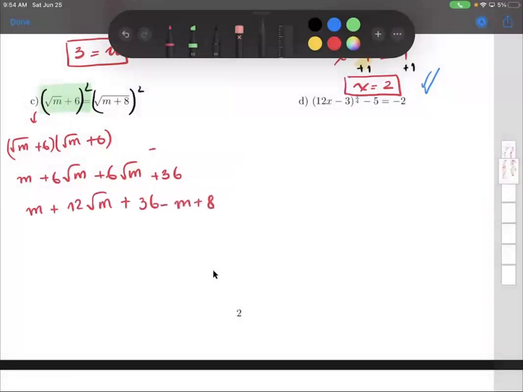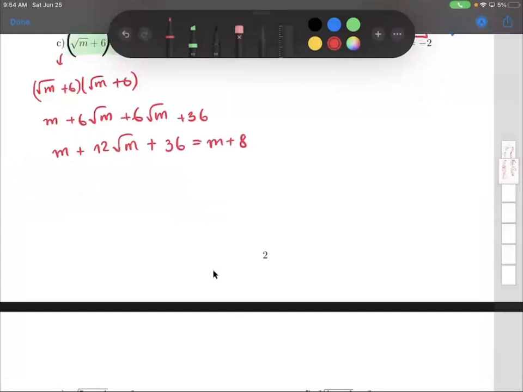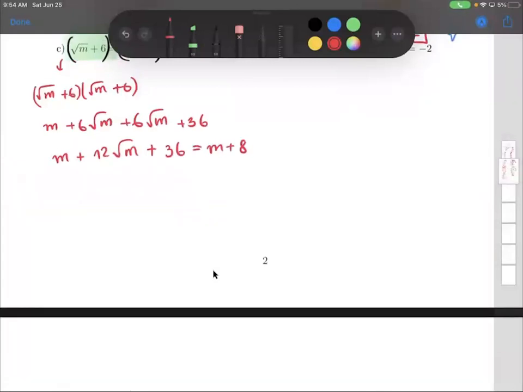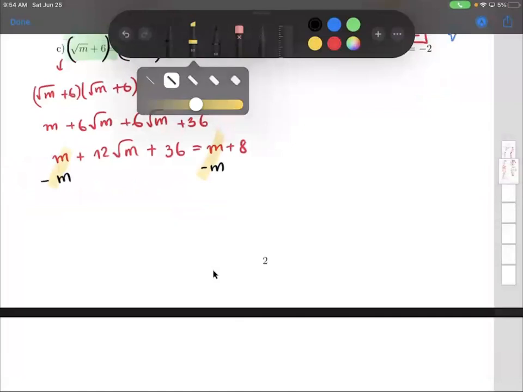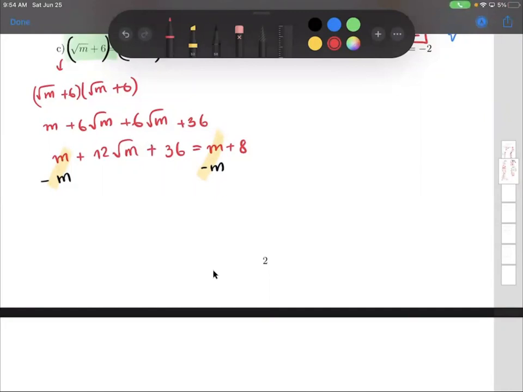And bring this one down. Equal m plus 8. Right. Subtract m from both sides. So I have 12 square root of m plus 36 equal 8.